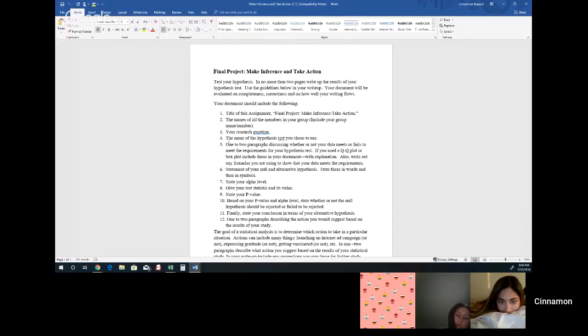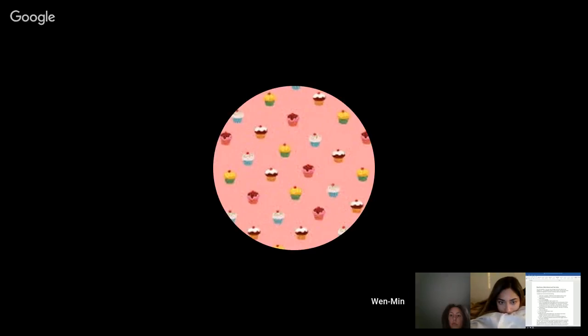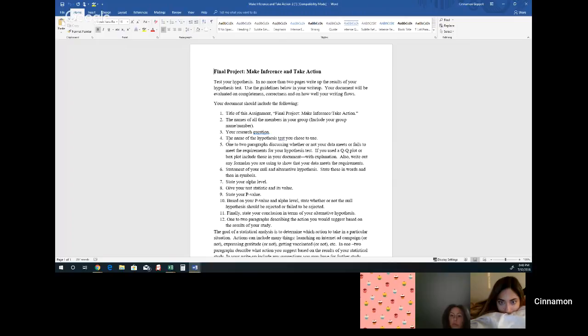Okay, 1 to 2 paragraphs discussing whether or not your data meets or fails to meet the requirements for your hypothesis test. If you use the QQ plot or box plot, include those in your documents with explanations. Also write out any formulas you are using to show that your data meets the requirements. State your null and alternative hypothesis, and then state these in symbols. State your alpha level. What do you want to do for alpha?